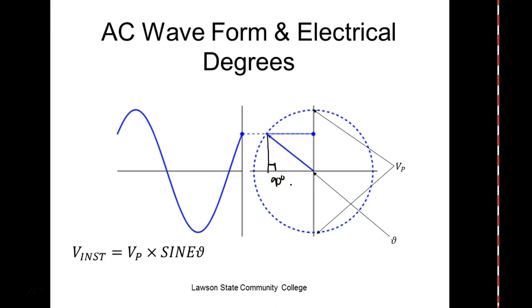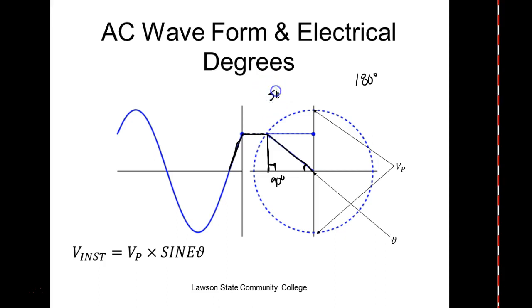What's the sum of all the angles in a triangle? It's always going to be 180 degrees. So that means the ratio of these sides varies exactly according to this angle right here, which we call the angle theta. If I know the length of this side, then I can calculate the length of this side, which is the actual amplitude of the wave, by using some trig.